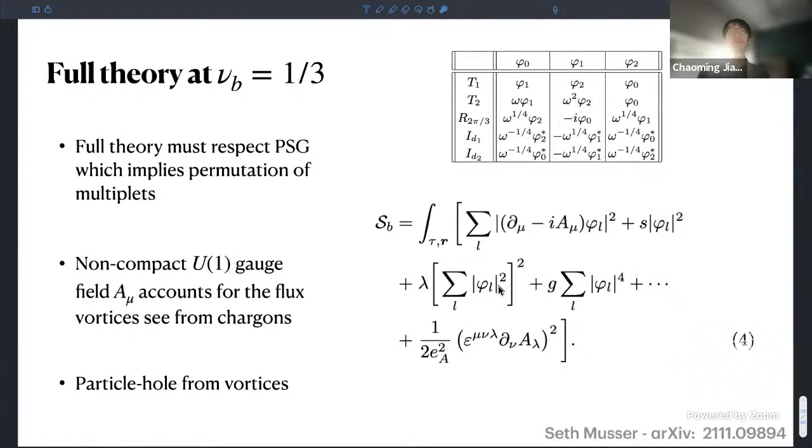I think you would at most need only one of them. And everything we say today just comes from this theory here. If you go to sixth order, for example, losing one of the reflection symmetries may make your sixth order terms more complicated. But we just need the quartic terms.